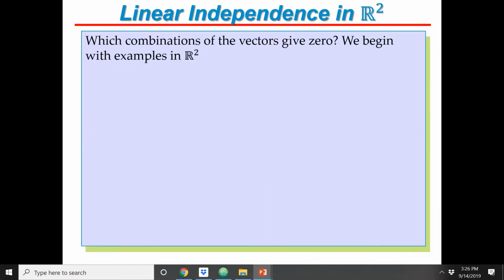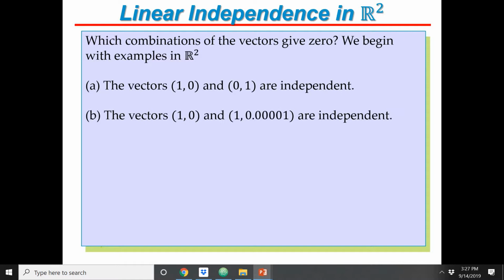So a few more examples, in this case in R2. If you take the vectors 1, 0, and 0, 1, they are independent. As a matter of fact, we will see they form the standard basis for the R2 space. But also, if you look at these two vectors, even though this number here is very close to 0, they're still independent.